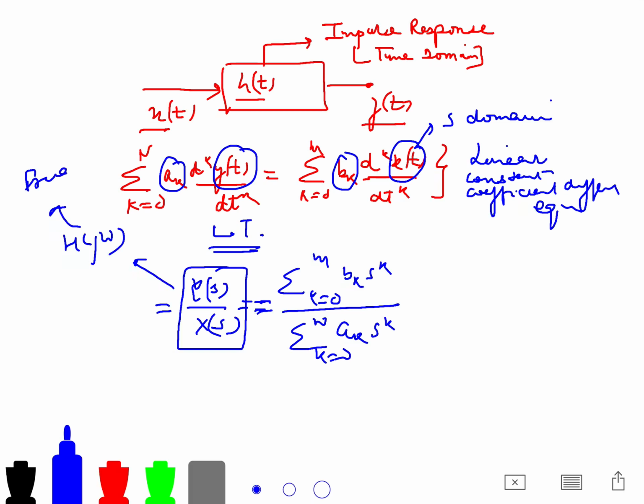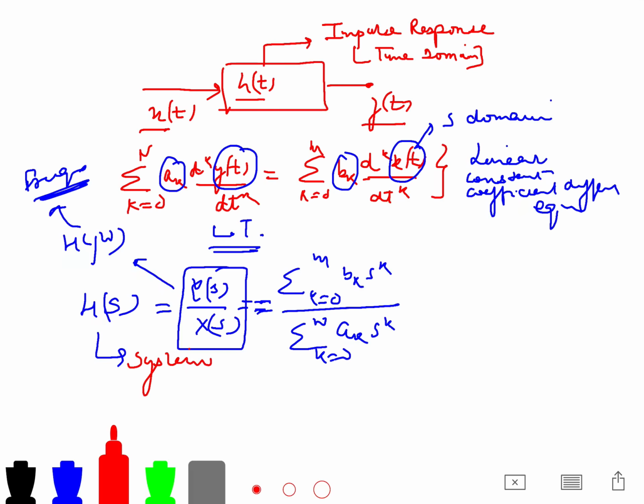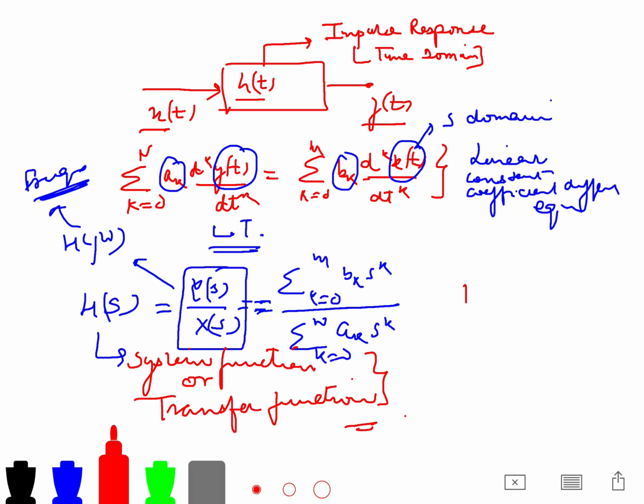And you already know the ratio of this, as we have discussed in Fourier transform. In Fourier transform it was written as, and the term is called the frequency response, right? In S domain it is H(s) and is called the system function, or we can call it the transfer function, right?